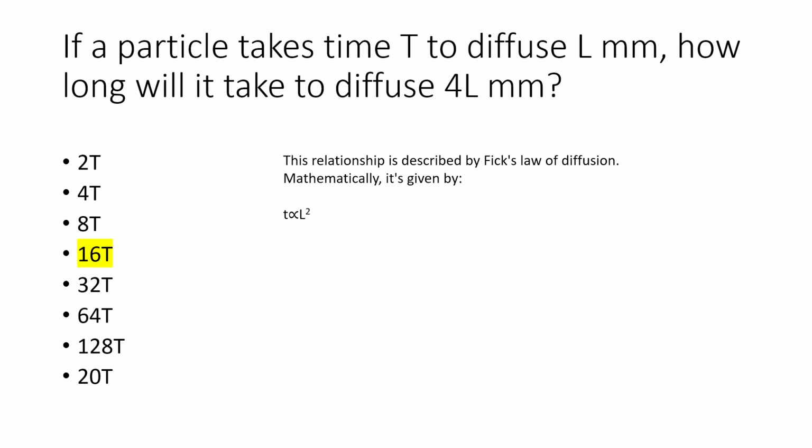So if a particle takes t time to diffuse L millimeters, and you increase L to 4L millimeters, then 4L squared is 16L squared, so the particle would take 16 times the time to diffuse a distance of 4L millimeters. Is that clear? Yes, sir. Okay.